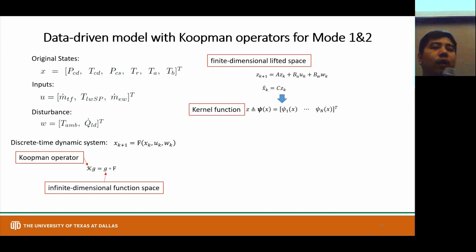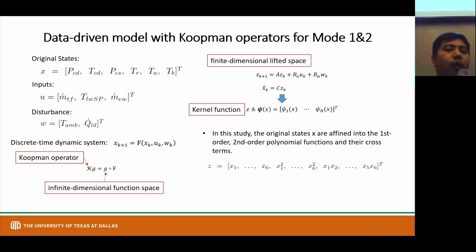Here is the observable for the nonlinear system, where Z represents the kernel functions, and it can be user defined. In this study, we lift the original state X into first-order, second-order, and cross terms of these states. So the final lifted state is Z instead of X.